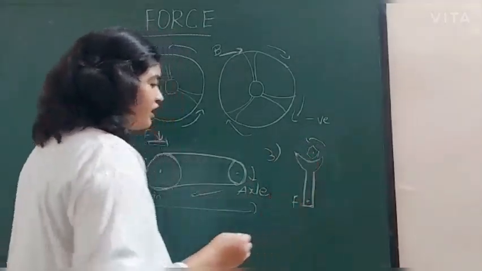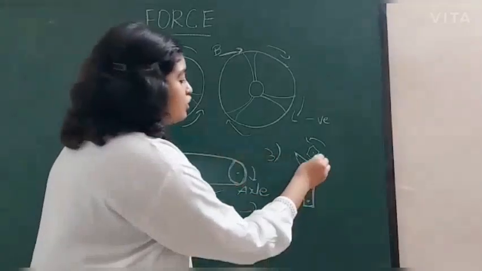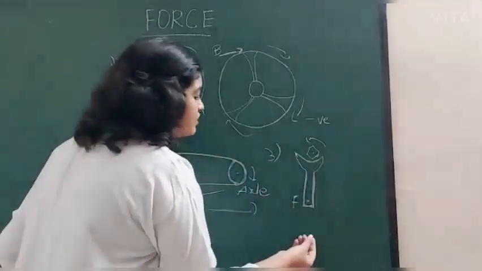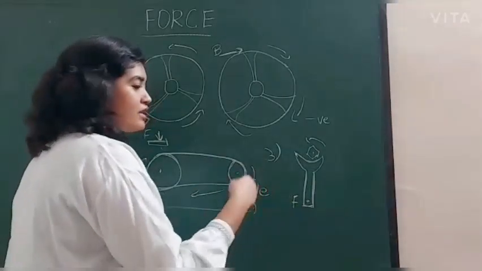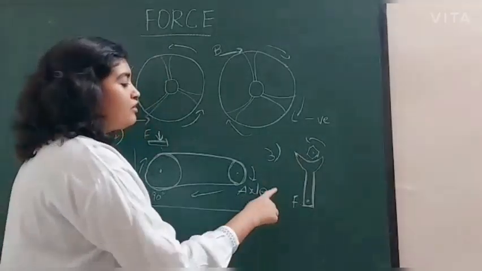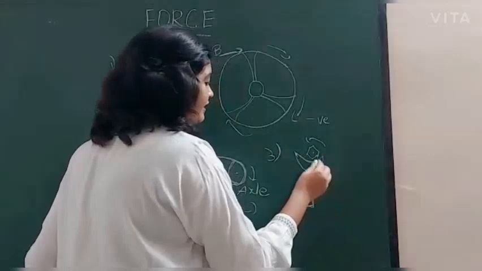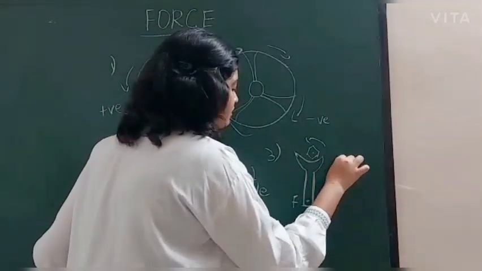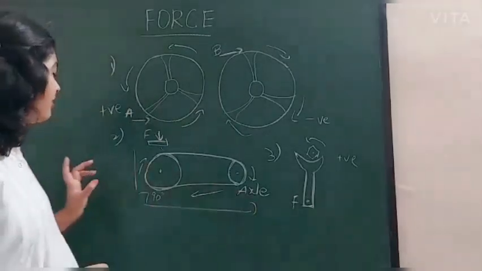Generally if the spanner rotates in an anti-clockwise direction, it means we are loosening the nut. If we take it in a clockwise direction, it means we are fixing the screw. So here we have taken an anti-clockwise direction, which means it is in positive direction, just for the example.